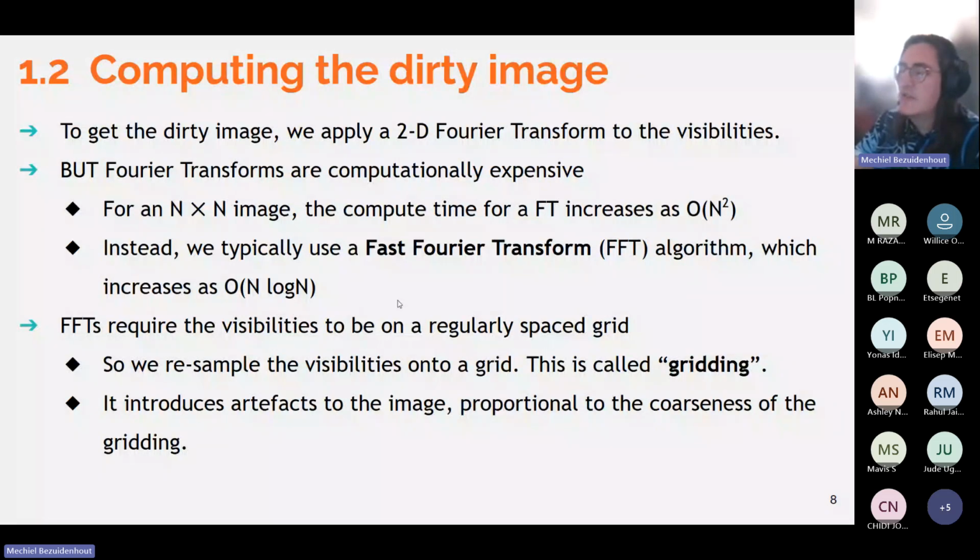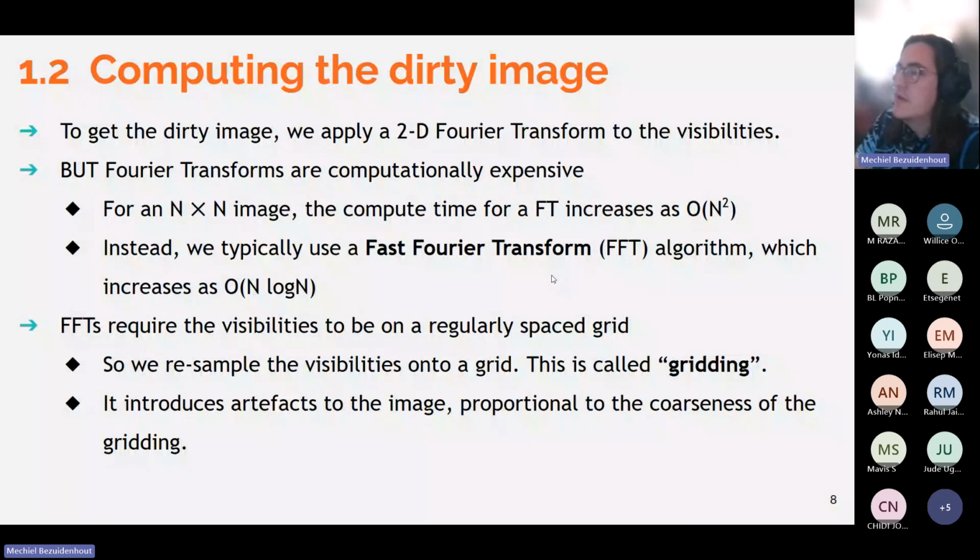These artifacts are proportional to the coarseness of the gridding. So if we use a coarse grid, we get lots of artifacts. If we use a finer grid, then there are fewer artifacts. But of course, the finer the grid, the longer the FFT is going to take. So it's a compromise between computing time and these artifacts.